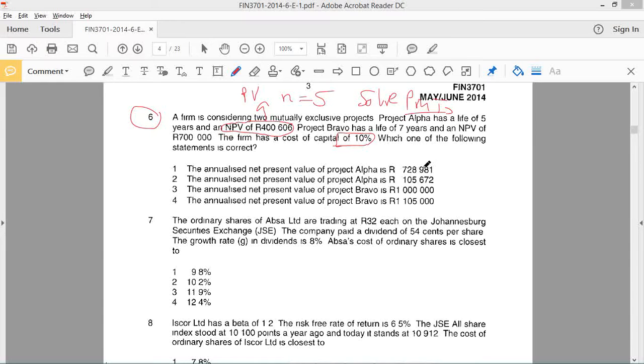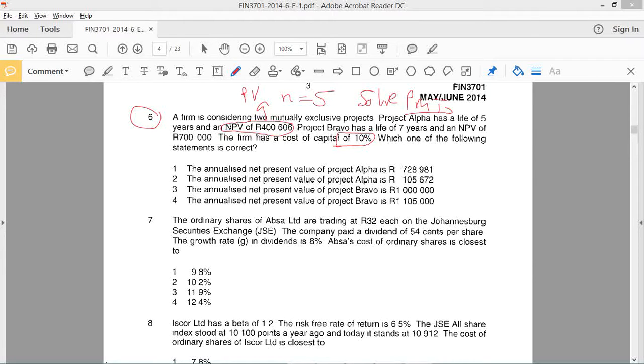You got stuck, I guess. So 400,606 is your PV, and then your 5 is N. Your interest rate is 10%, eh? Both of them are 10%. Just the N is different, and the PV is different as well.